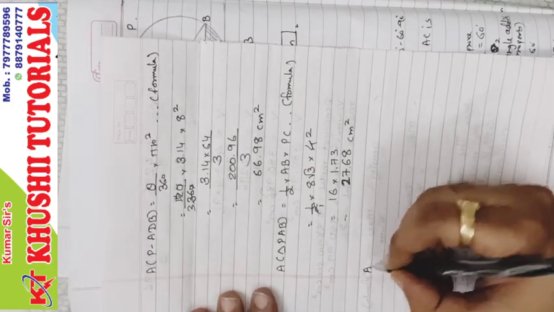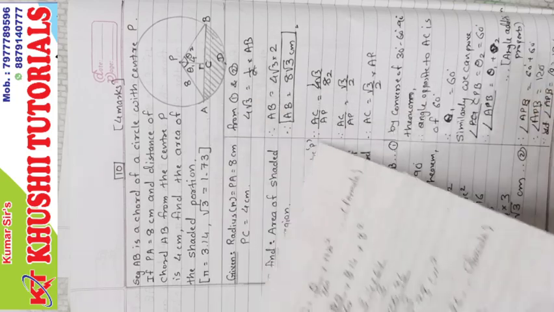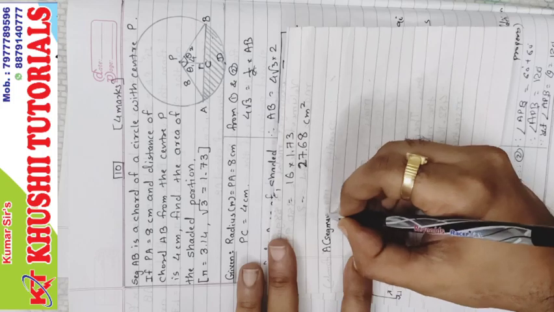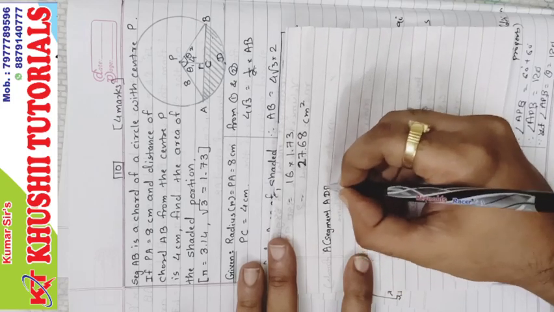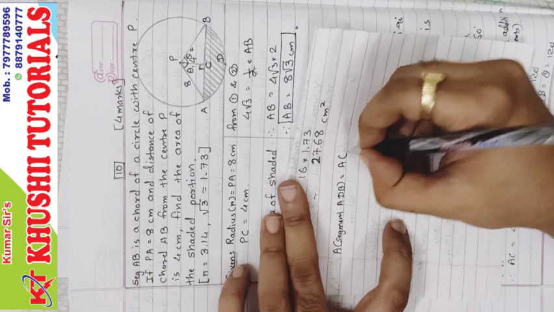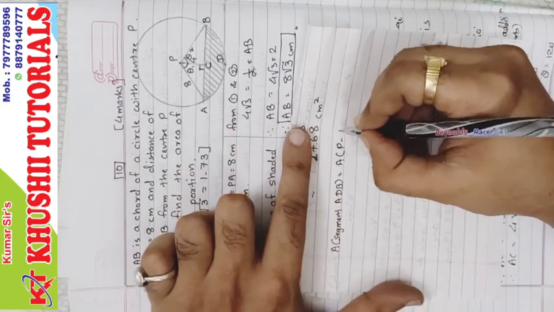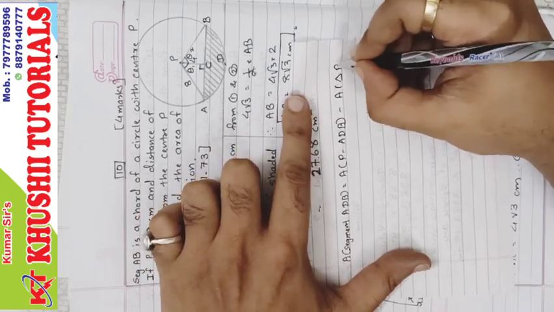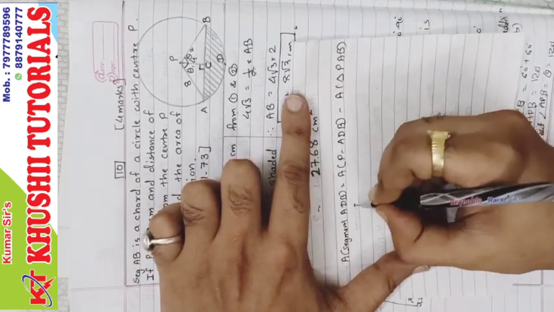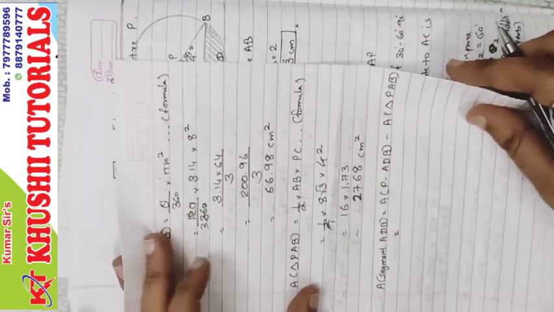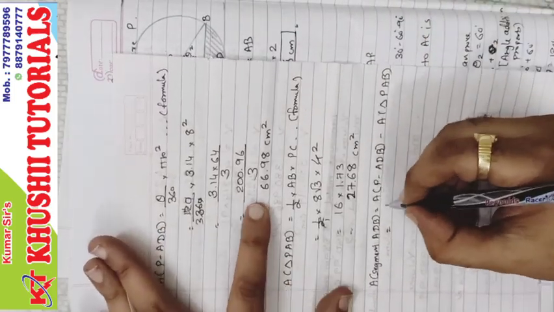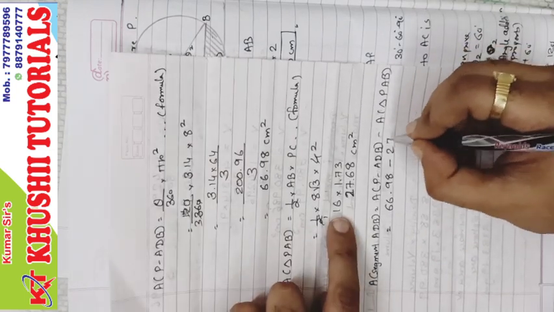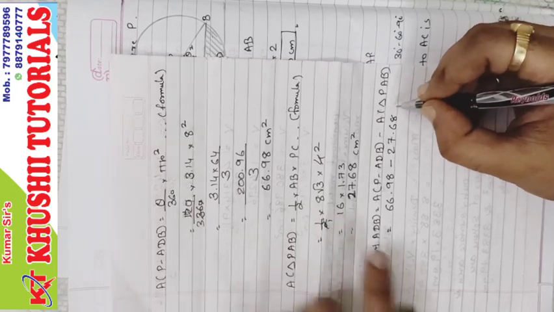Now area of segment, the shaded portion. Area of segment ADB equals area of sector P' ADB minus area of triangle PAB. Area of sector is 66.98 minus area of triangle is 27.68.